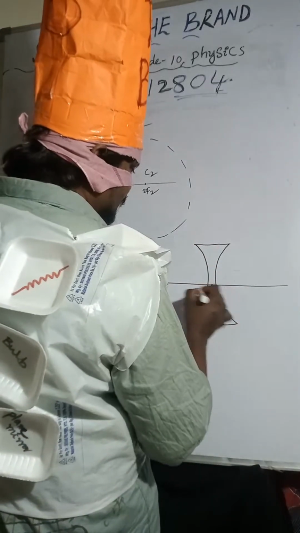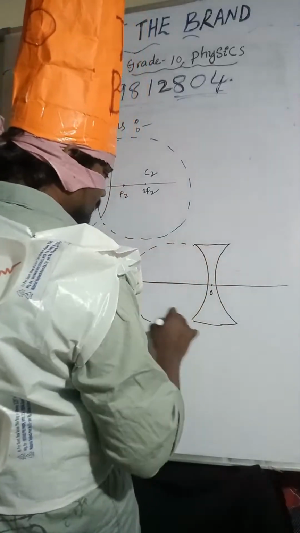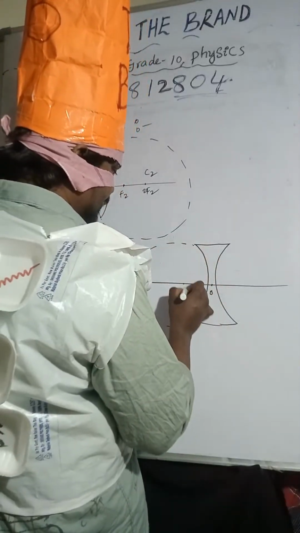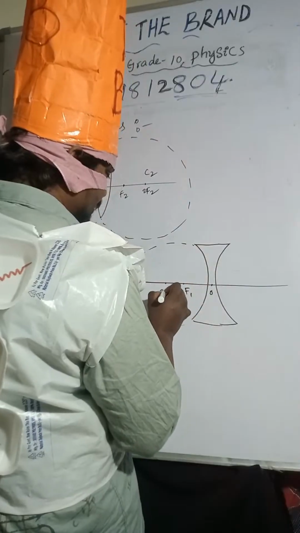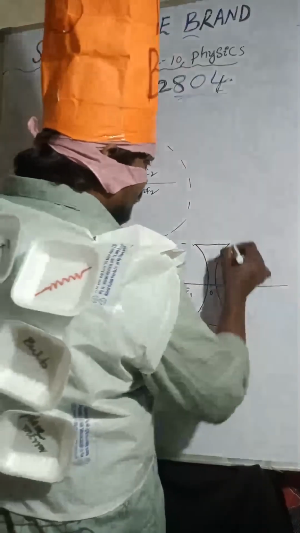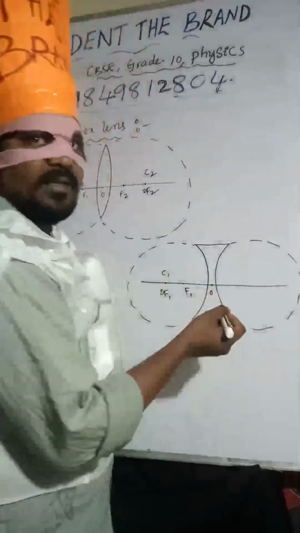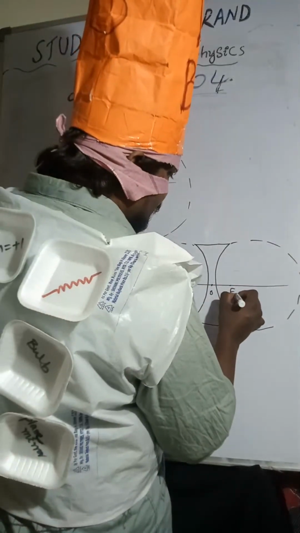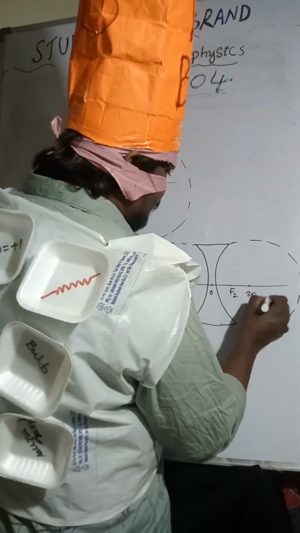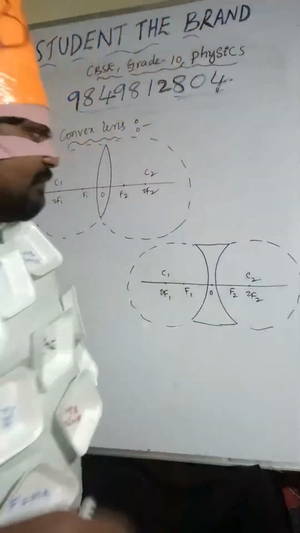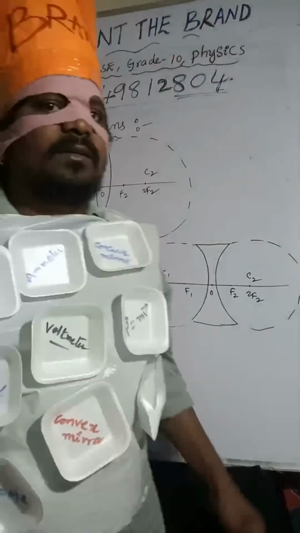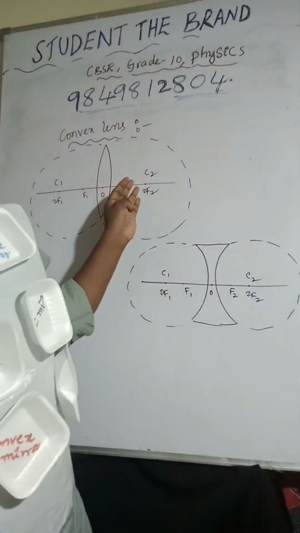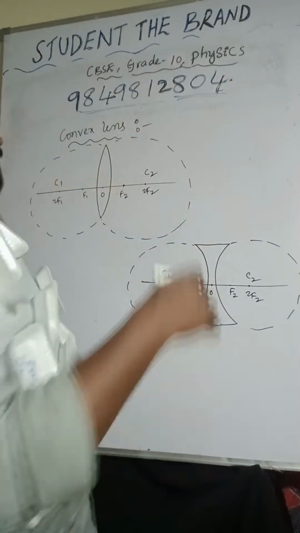Optic center. So here is F1, 2F1, C1. This is a part of this sphere. Here I am taking F2 and 2F2, and also we can take C2.